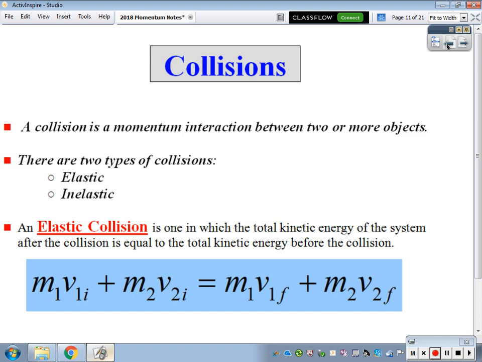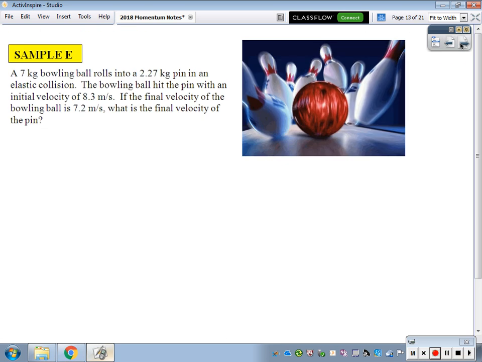What do we need to do to M1 V1 final? If we're trying to solve for V2 final, subtract that from both sides, which would be M1 V1 initial plus M2 V2 initial minus M1 V1 final, and then divide by M2. Okay, let's write that out here.